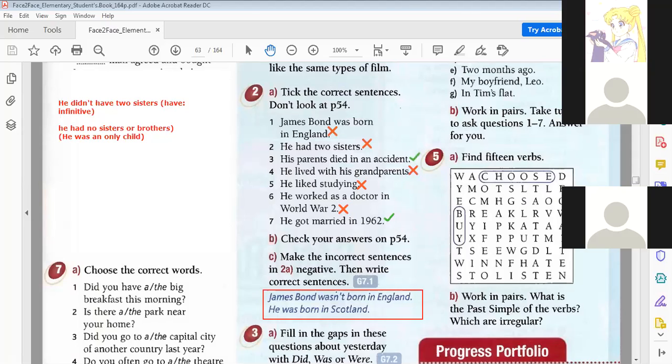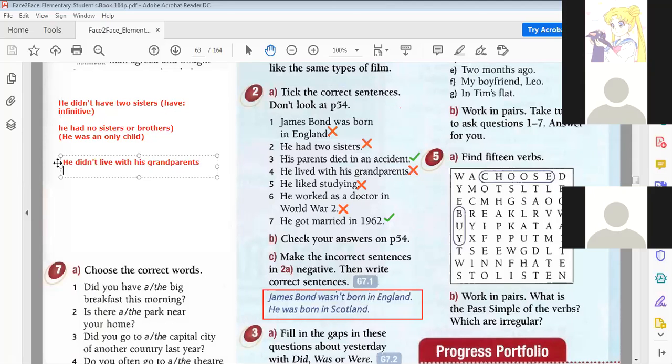Salsabeel, would you like to do this? Number 4. Yes, he lived with his parents. So what's the negative? He didn't live with his grandparents. Right, very good. He didn't live with his grandparents.